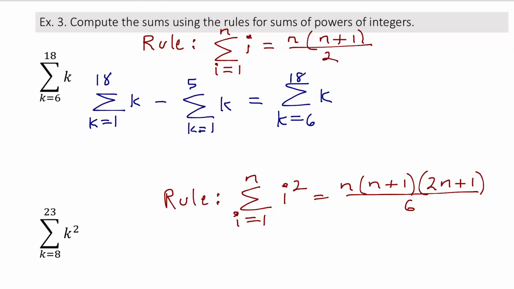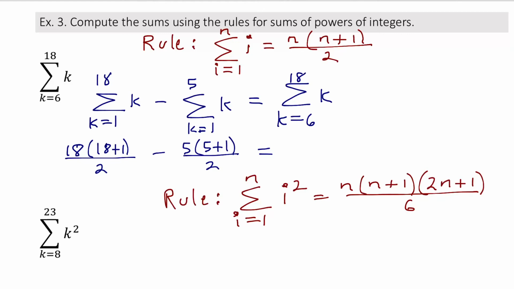So for this first piece here, n is 18. So in my formula, I have 18 here and here. So I'd have 18 times 18 plus 1 divided by 2. And then for my second piece, I've got 1 to 5, so n is 5. So I've got 5 times 5 plus 1 divided by 2.